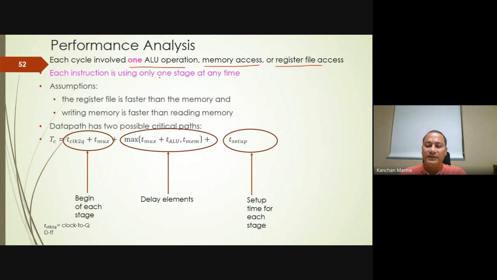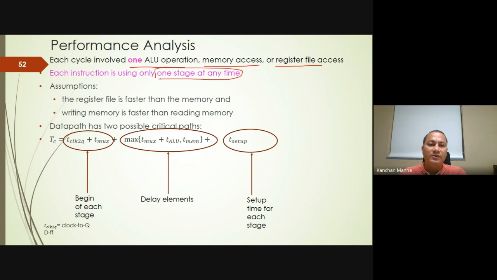Meaning that, in the data path, if you remember, we fetch the instruction and store it into the IR register, and then in the next clock cycle we read the register value from the register file. At that time the fetch component is sitting idle. Similarly, the ALU is also sitting idle at that time. Because of that, each instruction uses only one stage at a time.